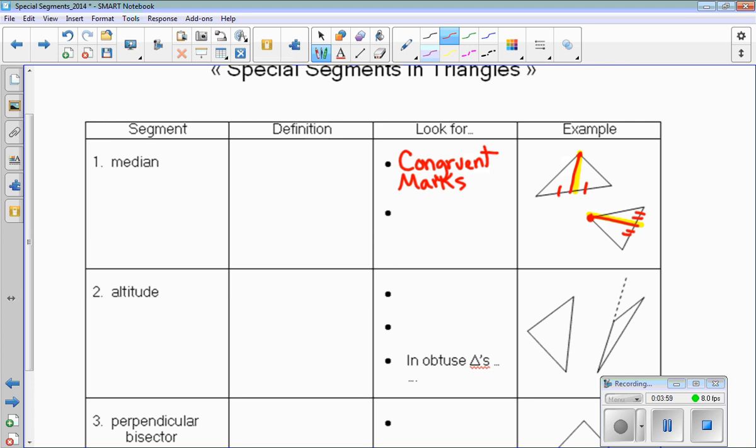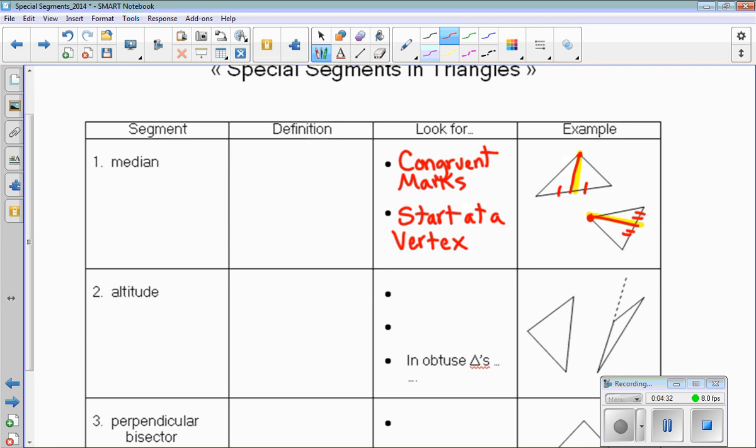Sometimes it'll say midpoint. That's okay. The midpoint of the opposite side. Same thing. It also is going to pass through a vertex. So it's going to start at a vertex. They don't always do that, but this is going to start at a vertex. We'll come up with our formal definition in a minute. I'm going to have you use the books to come up with those. We're just going to draw them and explain them for now.